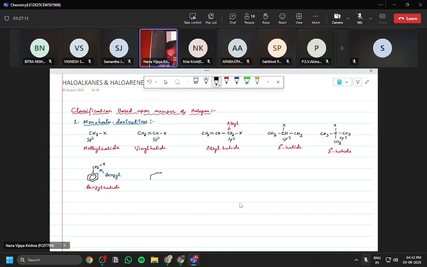If I have taken the halogen directly on the benzene ring, now it is halobenzene. Observe the difference. This is benzyl halide. This is halobenzene, or we call it aryl halide, right? This is sp3. This is sp2 carbon.